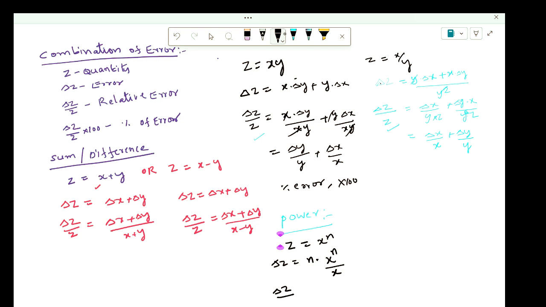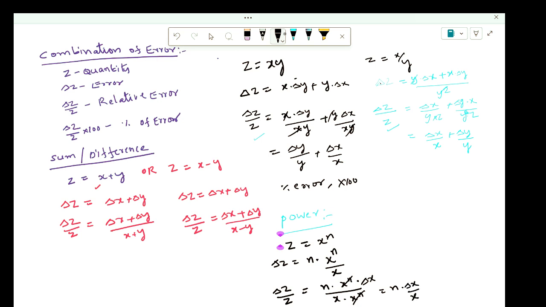Therefore dz by z is equal to n into x to the power of n minus 1 into dx by x to the power of n. X to the power of n cancels. That equals n into dx by x.